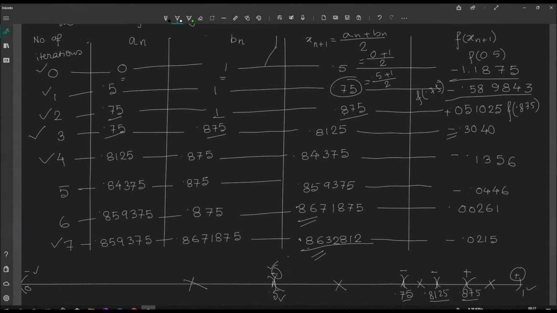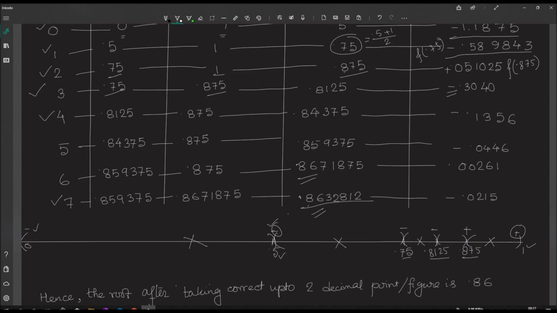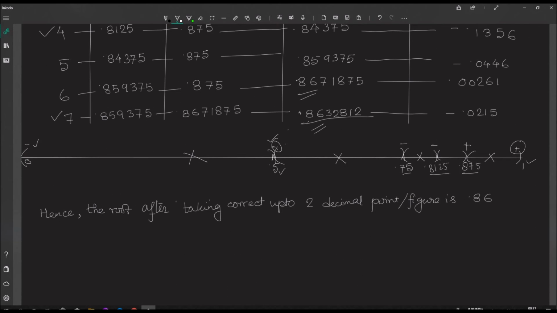That means up to the second decimal point we have already got 86. So we can now say after the seventh iteration the root can be 0.86.